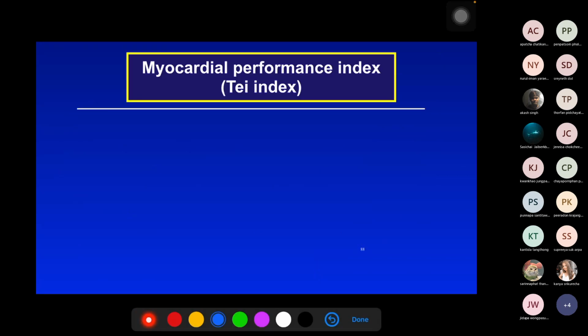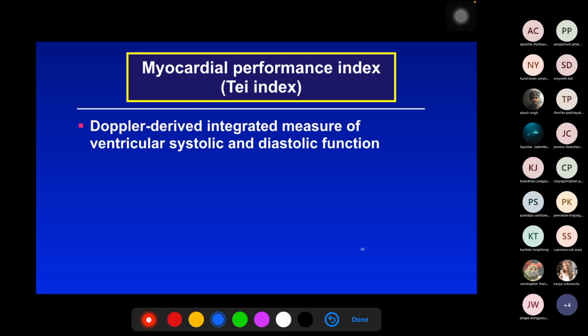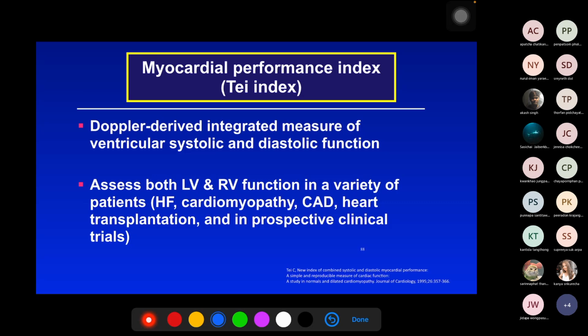Okay, the next one is a brief talk about the Tei index. What is the Tei index? The Tei index is a time index. The concept is a formula that consists of the IVCT plus the IVRT, divided by the ET, the ejection time.